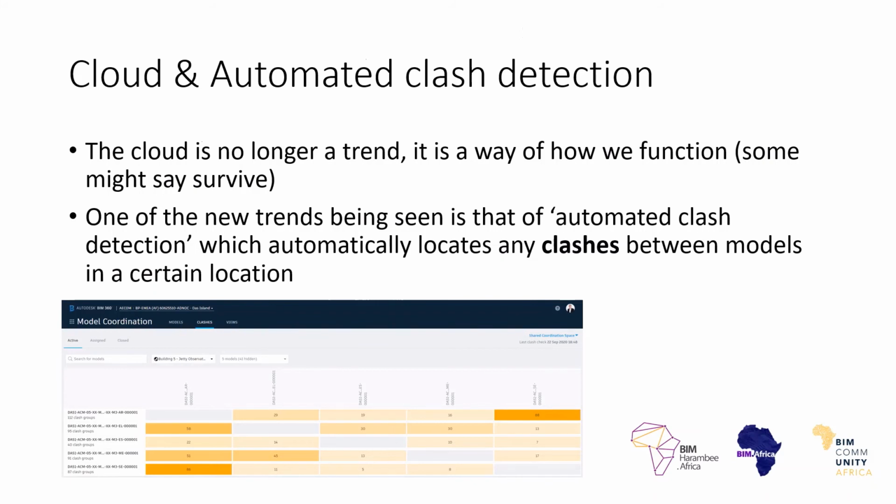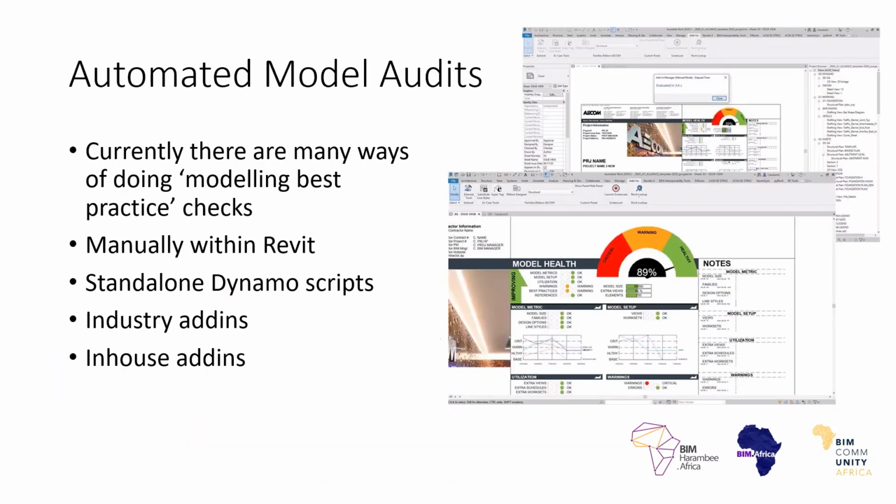Will it be a practical licensing model, a sort of bring your own license to a project and you can use that? That to me would make sense, but I don't believe it's going to necessarily be that way. So yeah, that's the automated clash detection, definitely an exciting space.